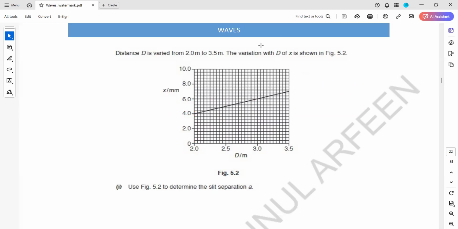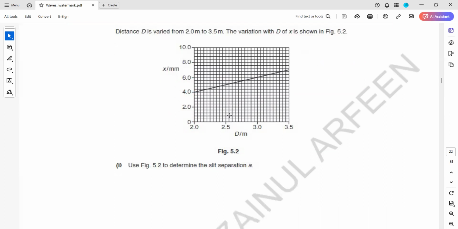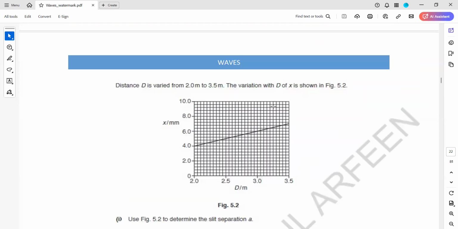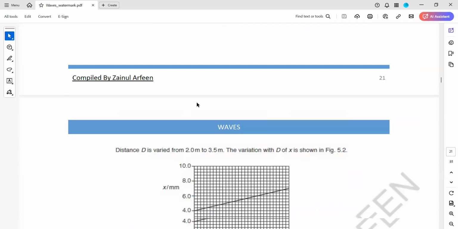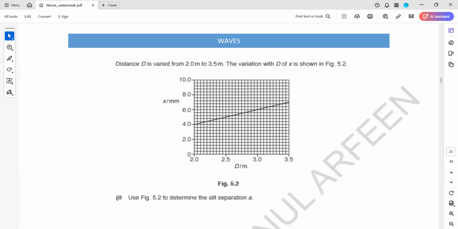So 4 exponent minus 3 times divided by 2. The wavelength is 680 nanometers. So you can just take these values: lambda is equal to ax over D. So if I need A, it will be lambda D divided by x is equal to A. The wavelength is 680 nano.